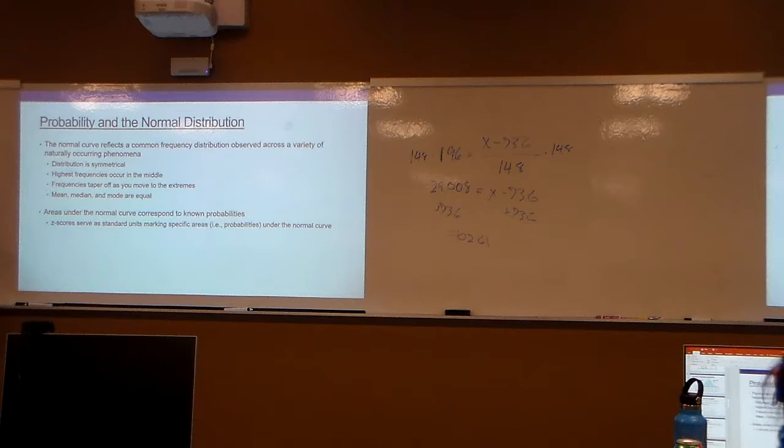Our normal curve is the classic z-score normal curve. The nice thing about this is there are a number of natural phenomena that follow this normal curve. We know that this distribution is symmetrical. Highest frequencies are occurring in the middle. Things get less and less likely as we go out towards the tail.